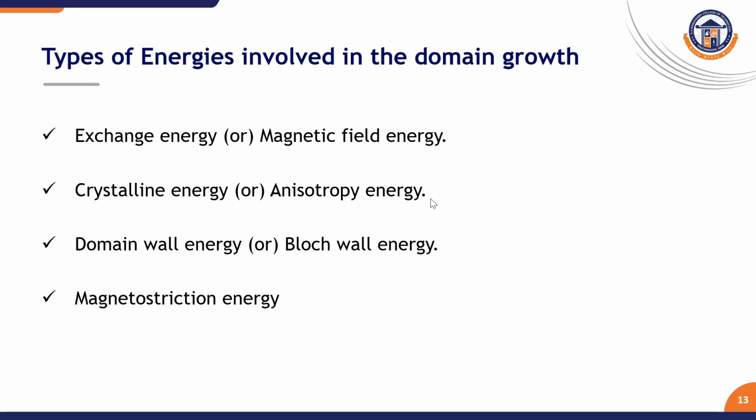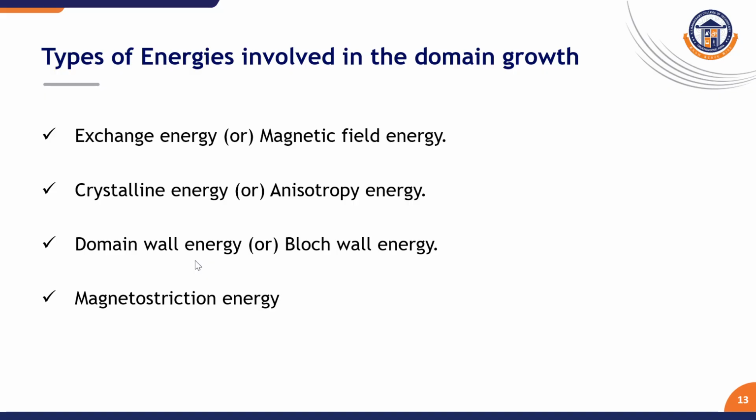Next, let us see the types of energies involved in domain growth. Let us look at the different types of energies involved: exchange energy, crystalline anisotropy energy, domain wall or Bloch wall energy, and magnetostriction energy. Exchange energy is the energy that favors the parallel alignment of spins. Crystalline anisotropy energy arises because certain directions in a crystal are energetically more favorable for magnetization.